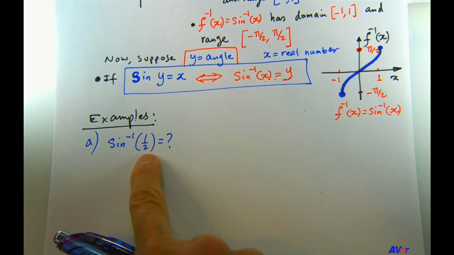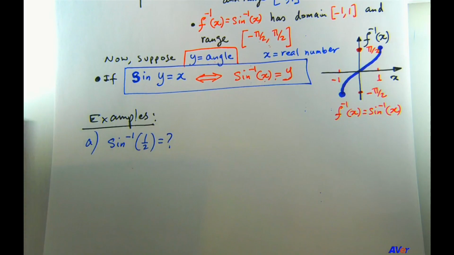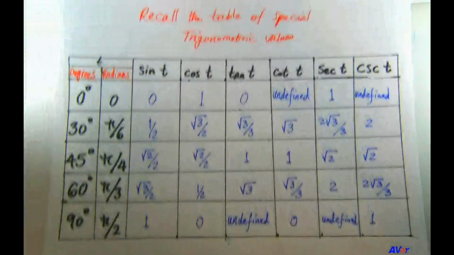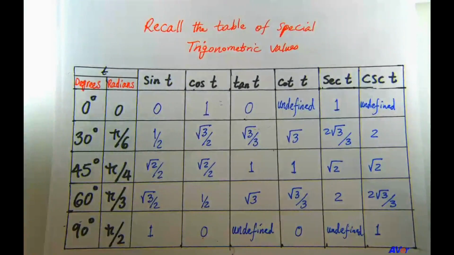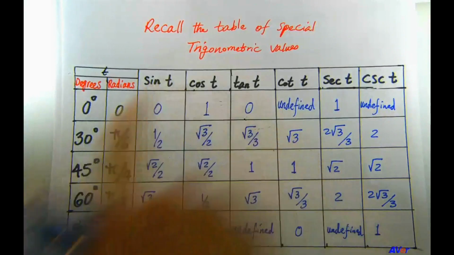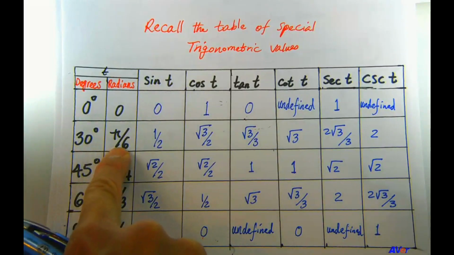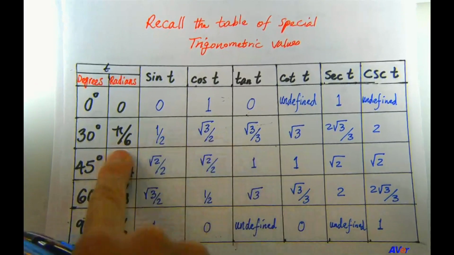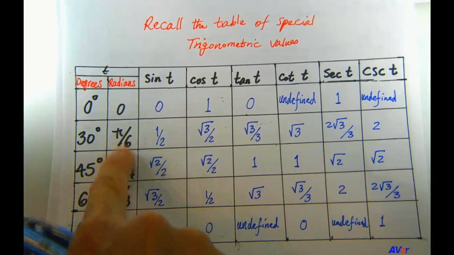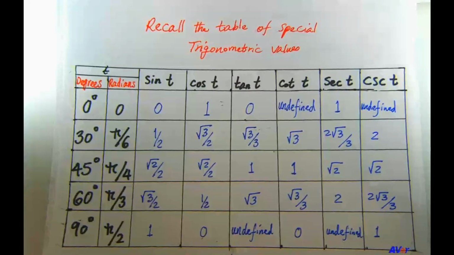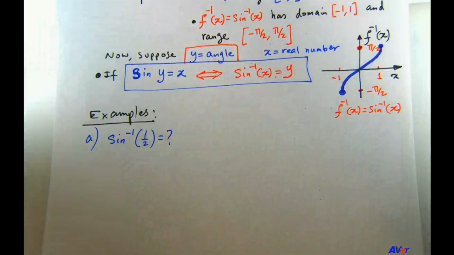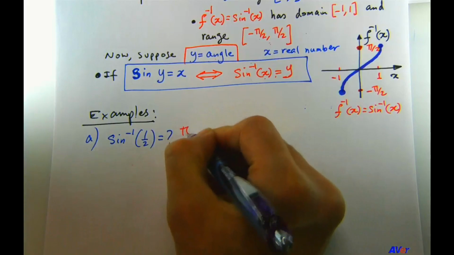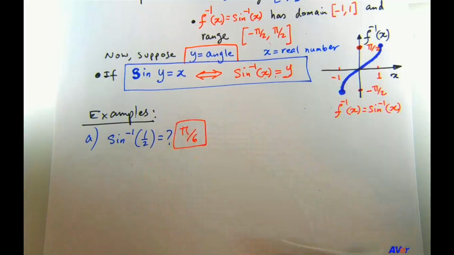That's why I asked you to please memorize the table of special values for trigonometric functions, because the sine of 30 degrees or pi over 6 is 1/2. So that's the angle we're looking for, and the result here is pi over 6.